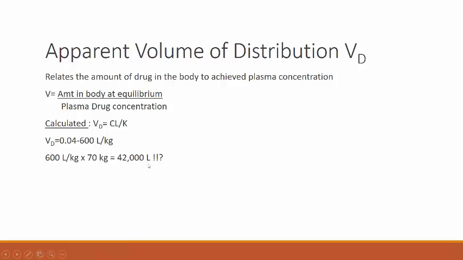So the volume of distribution of the drug would be 42,000 liters. Think about what that would be like. If there are about 4 liters in a gallon, that's more than 10,000 gallons would be the volume for this large drug. How is that possible in a 70 kilogram person?